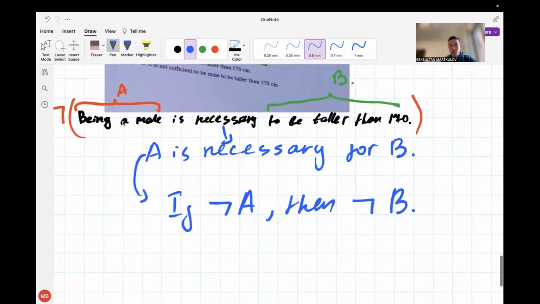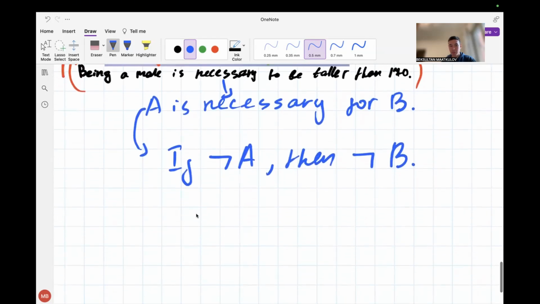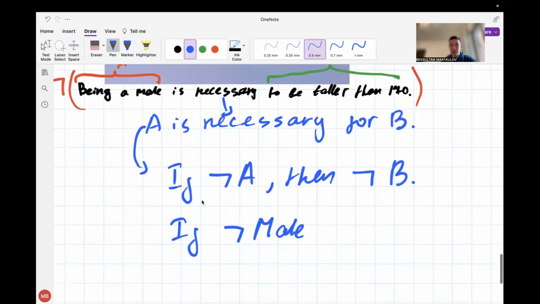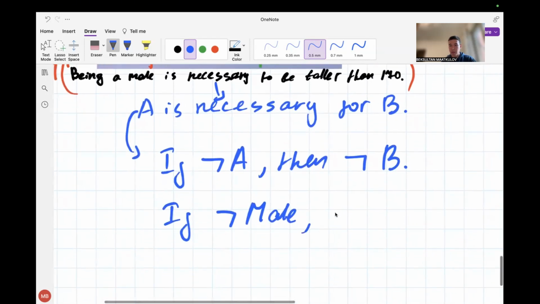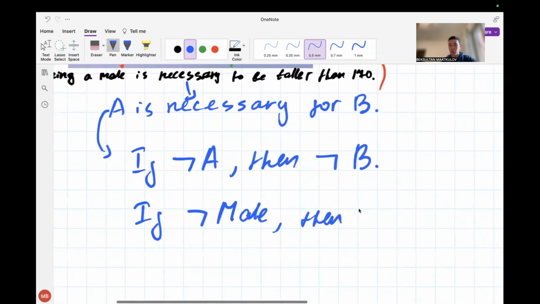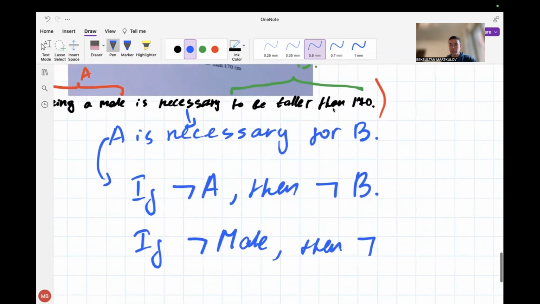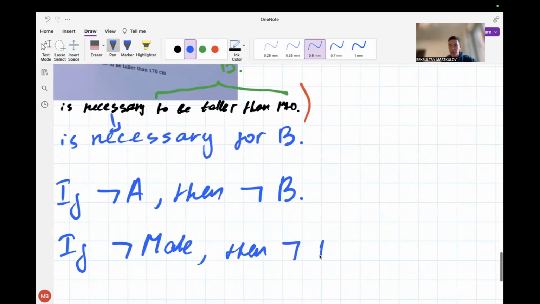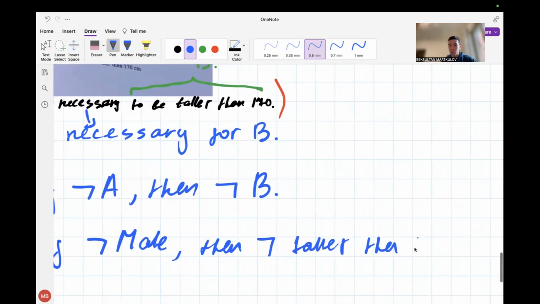So basically, this statement means if not male, because A is being a male, if you are not a male, then you are not taller than 170 centimeters. So I'll just leave not, and I'll rewrite not taller than 170.